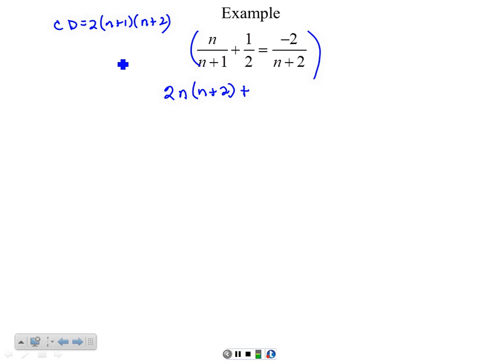Plus, when I multiply the common denominator times the second fraction, the 2s are going to cancel out, leaving me with those two groups, n plus 1 and n plus 2. And then when I multiply it times that last fraction, the n plus 2s cancel out, leaving me with negative 2 times 2 times negative 2, which is going to be negative 4, times that n plus 1.